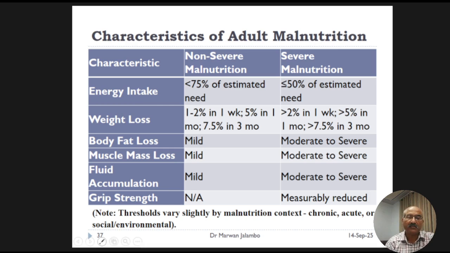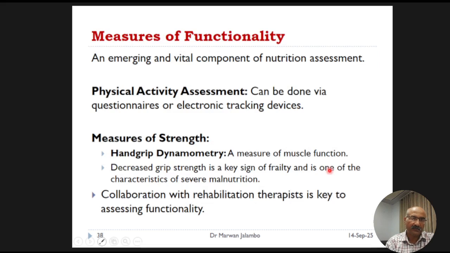This brings us to the third and final component of our assessment, the functional measures. Assessing a patient's functional status is an emerging and incredibly important part of a comprehensive nutritional assessment.